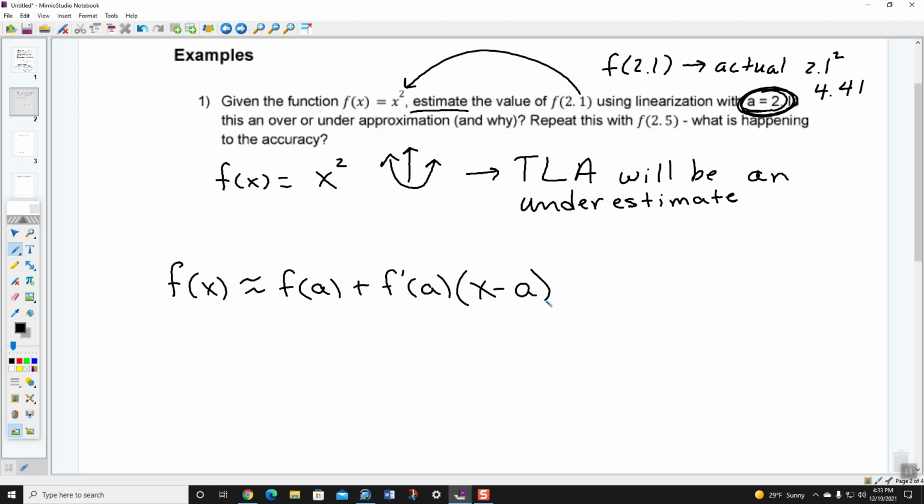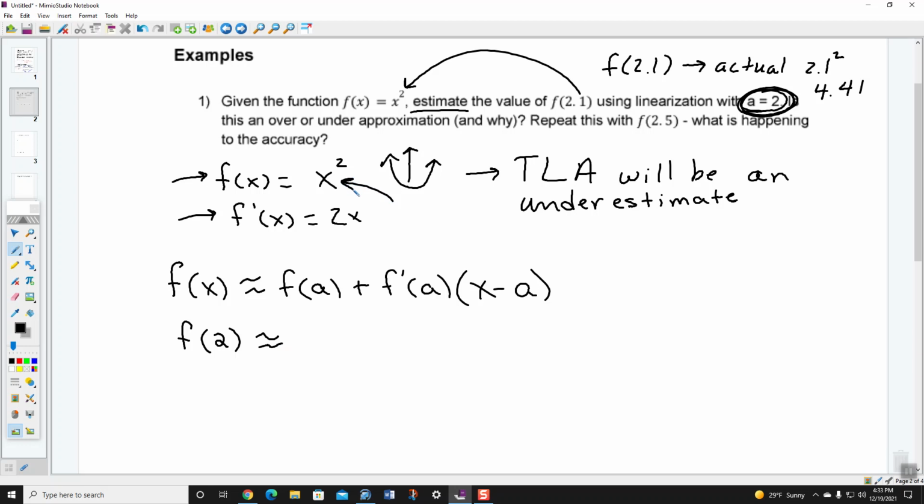So here it is. First thing we would need to know is this. We know f of x is equal to x squared. We would also need to understand that f prime of x by power rule is 2x. So what we start doing is we say, okay, let's evaluate this at f of 2. Our tangent line approximation becomes the following. It becomes f of 2, which is the same as plugging into x squared.